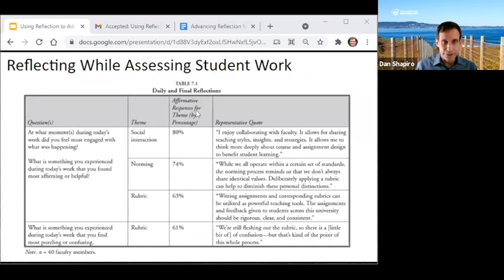So first, with the daily reflections, here are some of the things we learned and some of the themes that we saw. We identified 4 major themes.